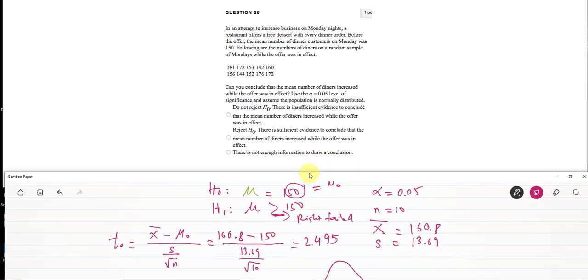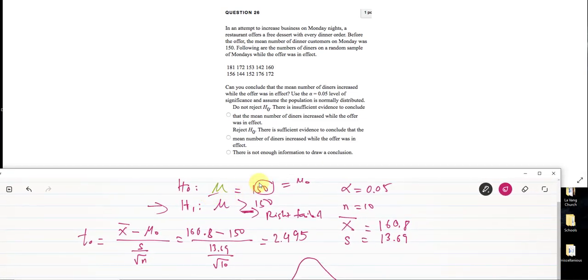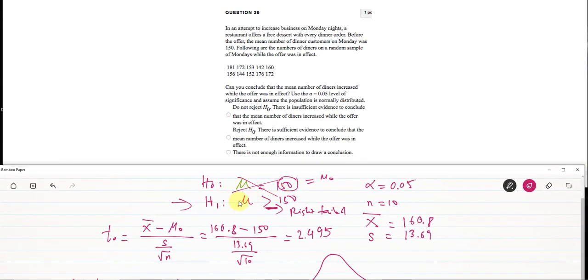Because if we reject H naught, then we have enough evidence to conclude that the mean number of dinners increased. That means we support this one, the alternative: the mean number of dinners increased while the offer was in effect.